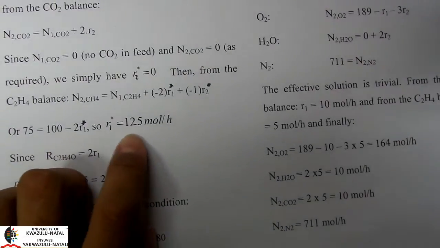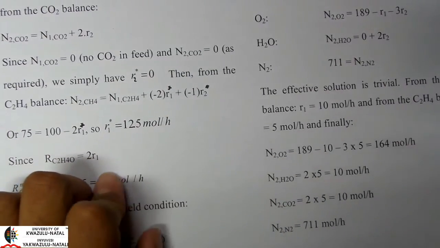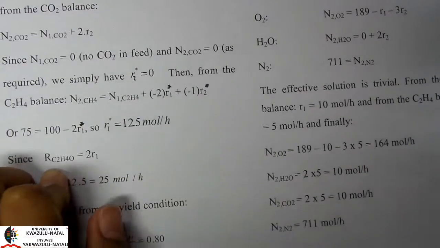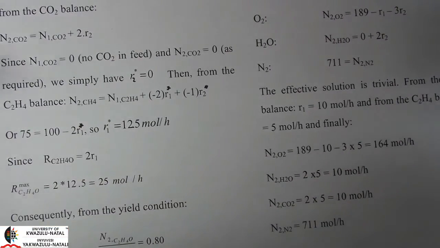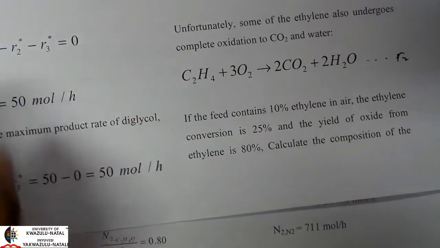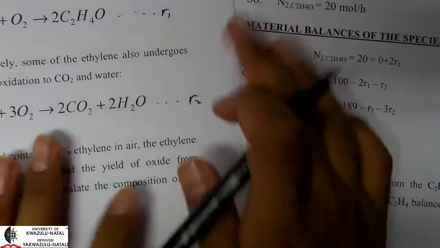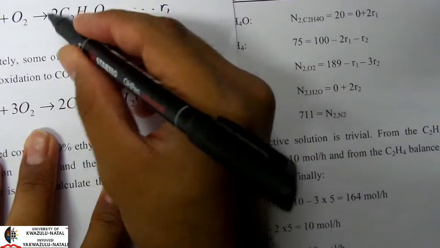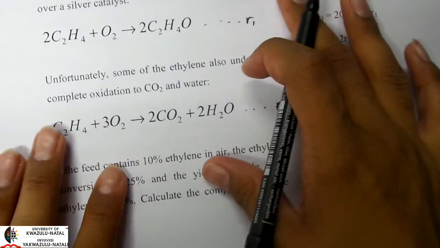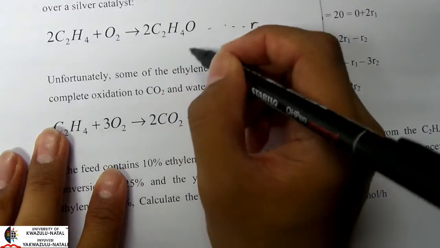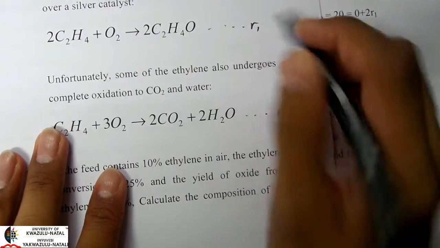Okay, so that's our R1 star. And if we look at our production rate, we'll note that our production rate for our oxide will equal 2 times R1.